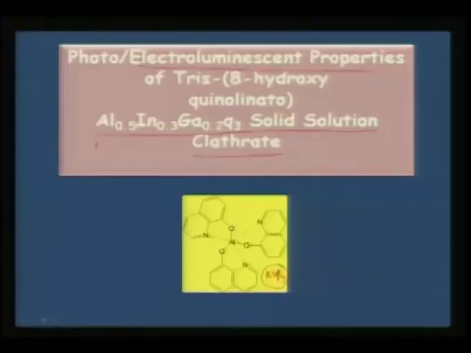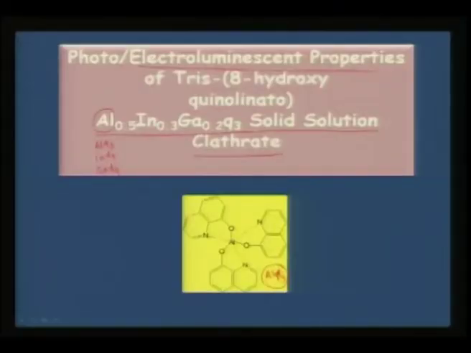So, therefore, what will happen, suppose I take aluminum, indium, gallium, these are in the same group. Therefore, if I form AlQ3, indium Q3, gallium Q3, is it possible for me to make one complex having 3 metal ions in the same complex? And this is possible only if there are some number of molecules in a single unit cell.